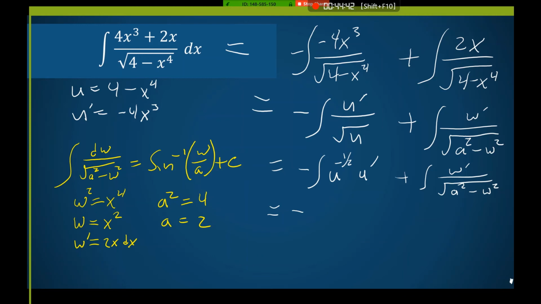Positive 1/2. Okay, so this will be u to the 1/2 divided by 1/2, which is the same thing as multiplying by 2 over 1. I'm dividing by 1/2, so that's the same as multiplying by 2. Okay, then I've still got that negative on the outside from here. Plus, how about this part?